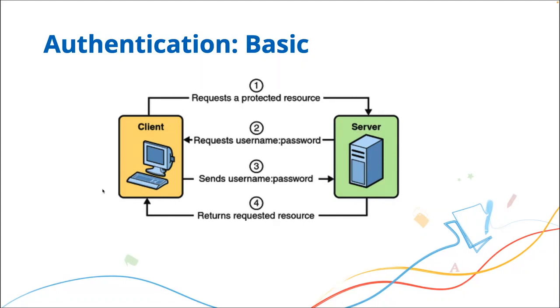First the server needs to verify if the client is an authenticated user. It asks for the username and password, the user sends it back, and based on that the server verifies it, makes sure he's an authenticated user, and then returns the data back to the client.